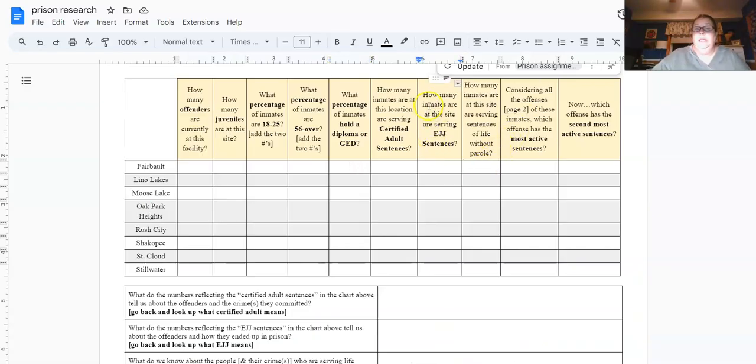The next one says how many inmates at this site are serving EJJ sentences, extended jurisdiction juvenile sentences. Okay, these are kids who committed a crime, were given that dual sentence. Here's your juvenile sentence, here's your adult sentence. If you can complete the juvenile sentence, we're good. If you can't, the adult sentence is imposed.